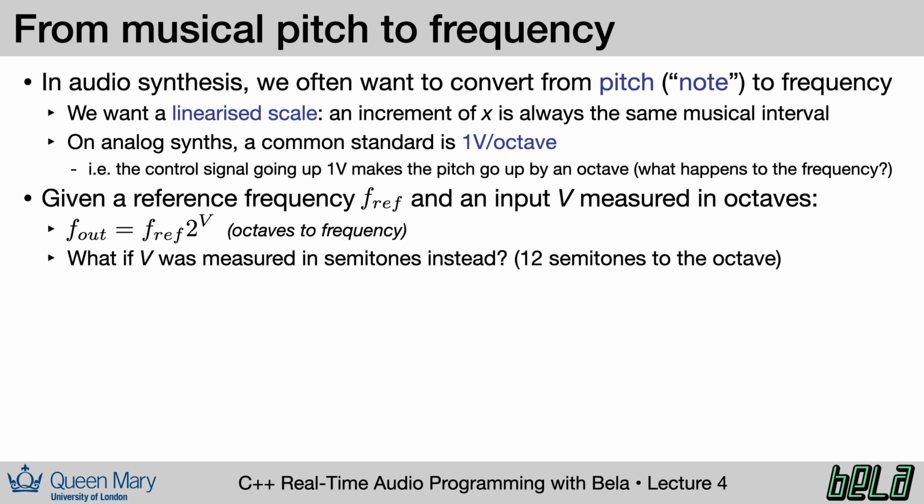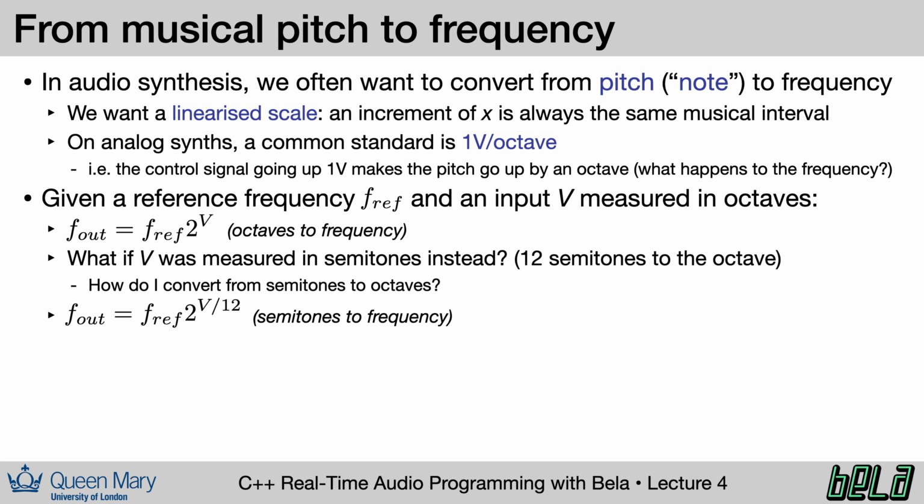The next question is, what if our variable V was measured in semitones instead of in octaves? There are 12 semitones in 1 octave, so we need to find a way to convert from semitones to octaves. The way to do that is relatively straightforward. We just divide it by 12. So our new expression takes V measured in semitones, a reference frequency fref, and produces an output frequency fout.